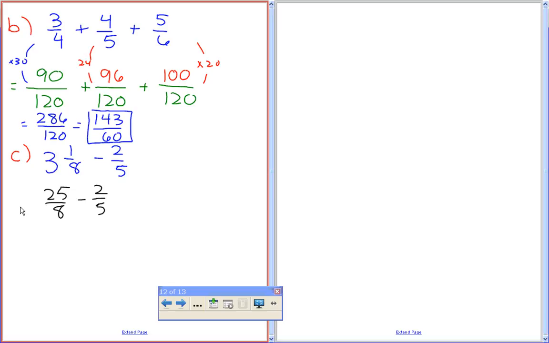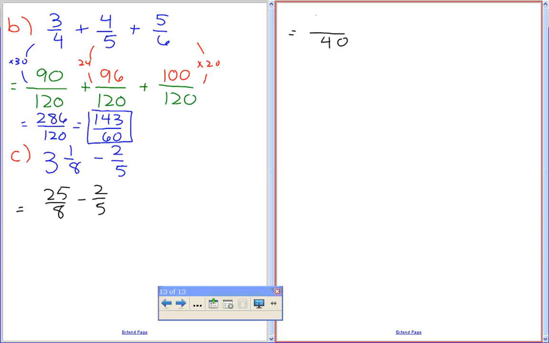The reason I got 40 was I multiplied 8 times 5. 25 times 5 is 125, 8 times 2 is 16, and that should be 109 over 40, is that right? Can somebody confirm that? Yeah, that's what it should be there, right? That was the fast version.